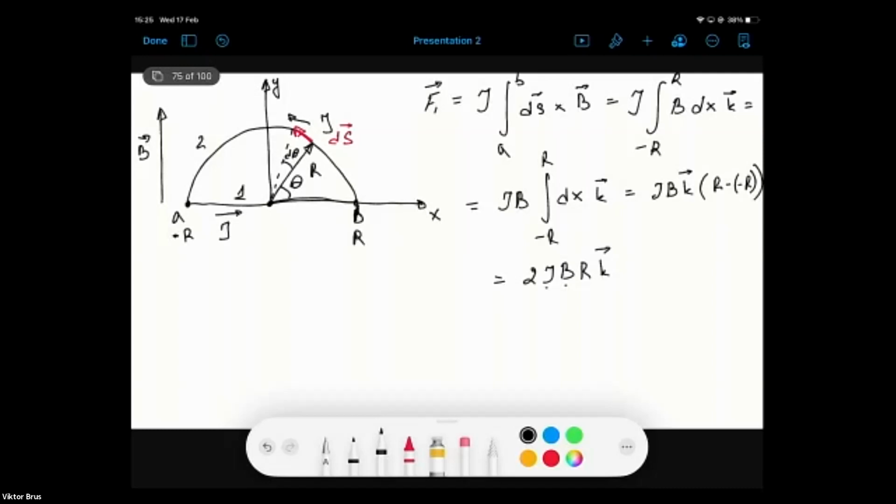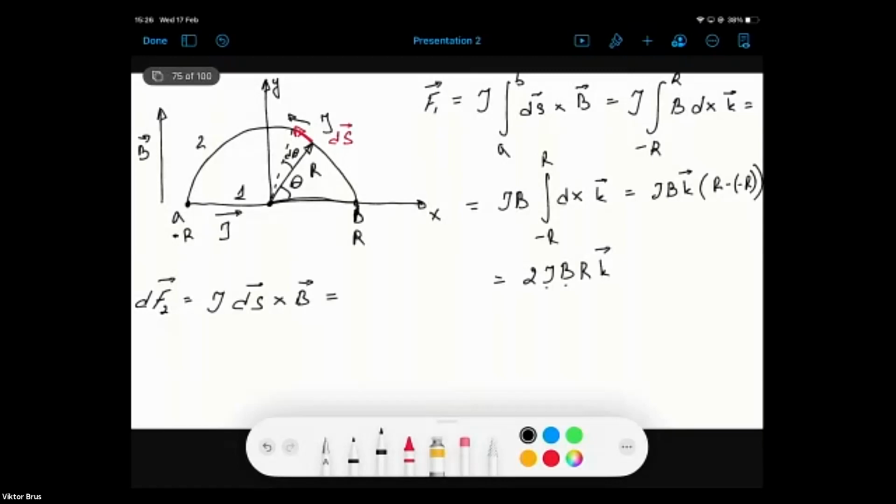In this case, we can write the magnetic force acting on segment 2. Actually, not on segment 2, but on this small segment, which we defined as delta S. It will be electric current times delta S vector product with the magnetic field vector.